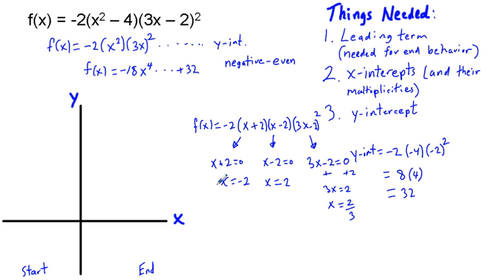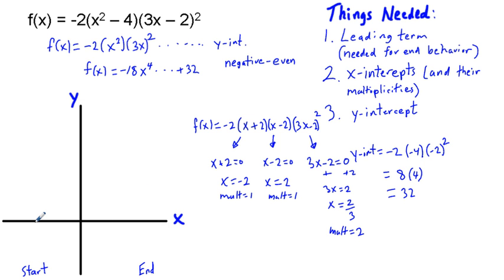Now they're multiplicities of these zeros. Here we have, for x equals -2, multiplicity is equal to 1. For x equals 2, we have multiplicity equal to 1. And finally, for x equals 2/3, we have multiplicity equal to 2. And so now we can mark along the x-axis where these things occur.